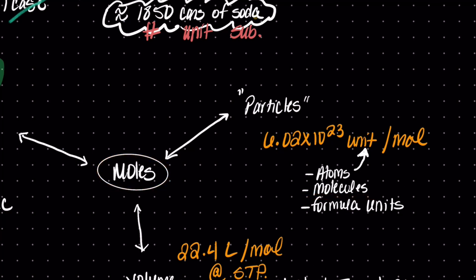When we're talking about particles, any word that represents a part or piece of a whole can be used: atoms, molecules, or formula units. You have 6.02 times 10 to the 23rd of whatever small unit you want to use. So 6.02 times 10 to the 23rd atoms per mole.